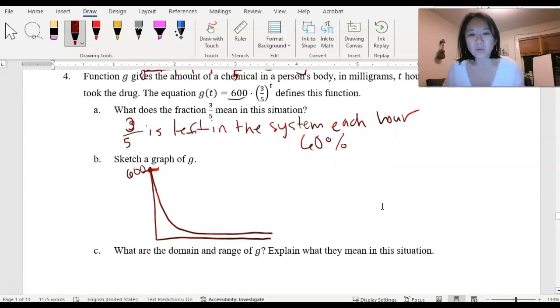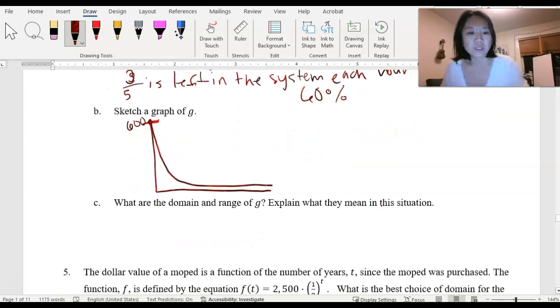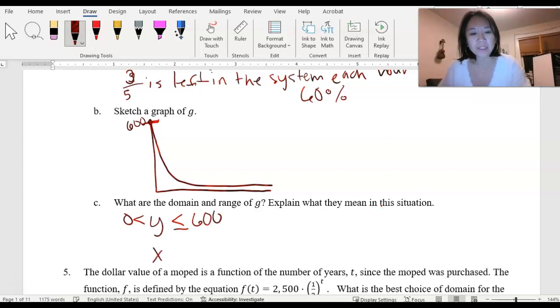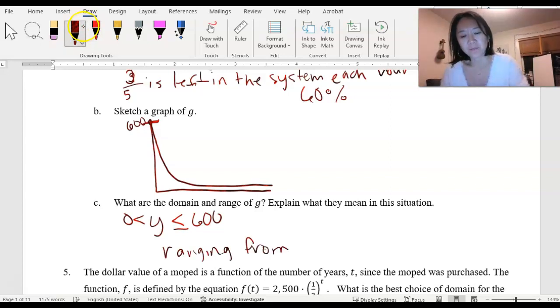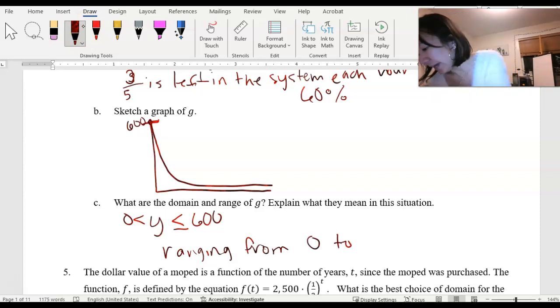And then domain and the range. All right, so the range is y, so y is greater than 0 and less than or equal to 600, because at one point it is 600. And then the input, or the time, ranging from 0 to, now I have it at 8 hours here.